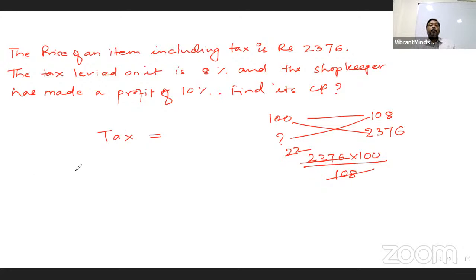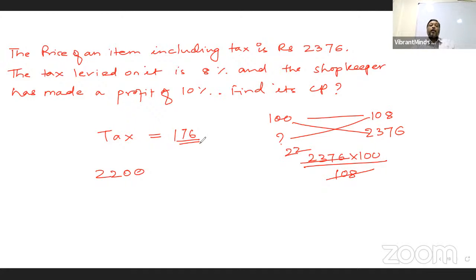So the price before tax is 2200. So what is the tax? The tax is 176. Clear?